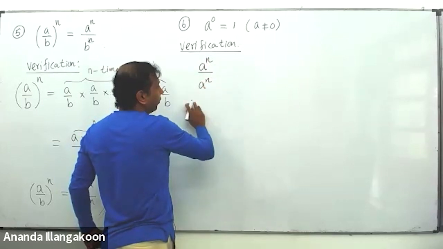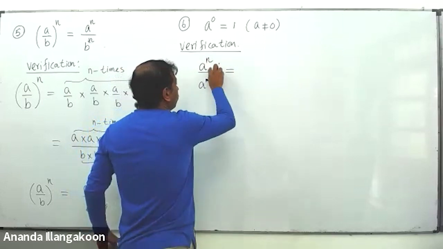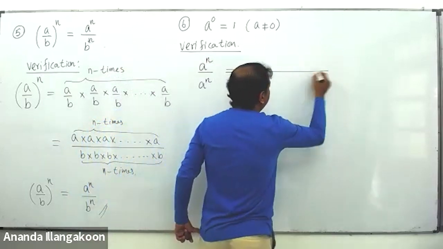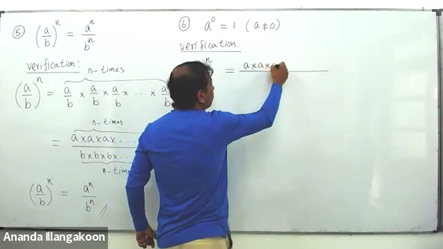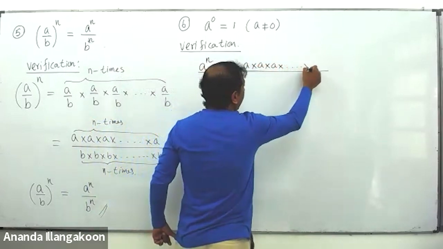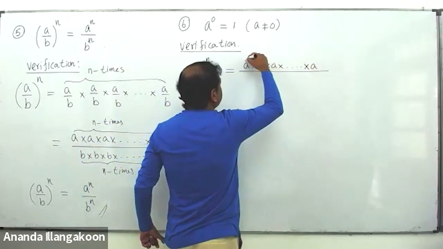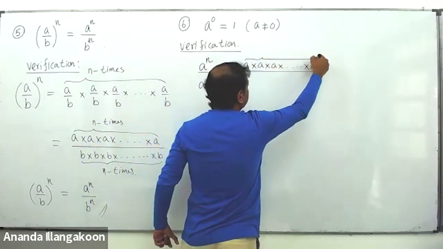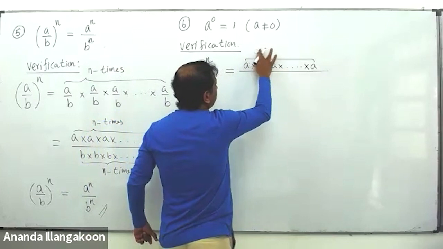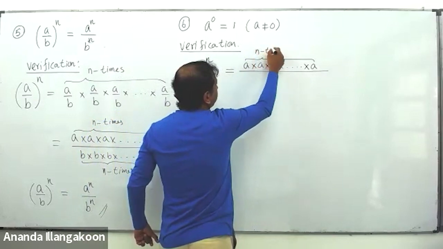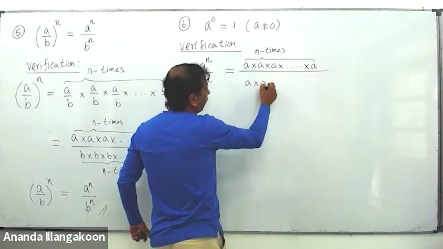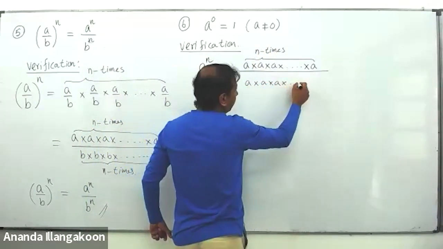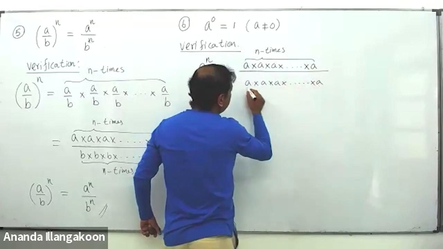Then this a to the power n I am going to write, how should a be written? How many times, people? n times. This a into a into a into this a again n times.